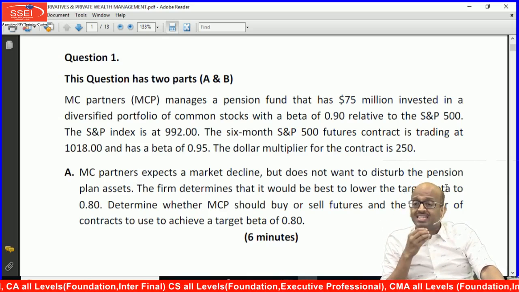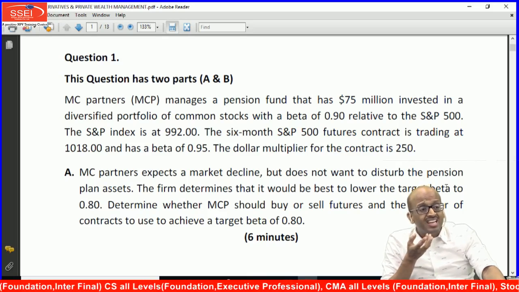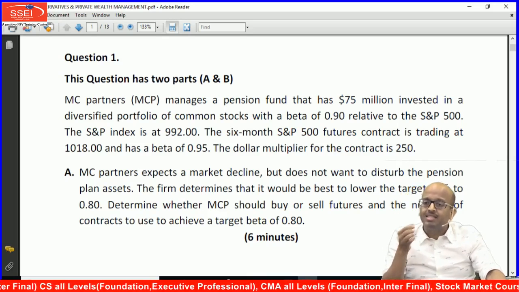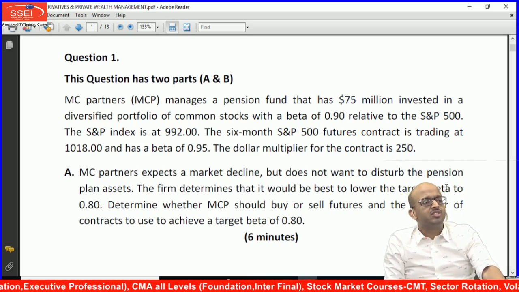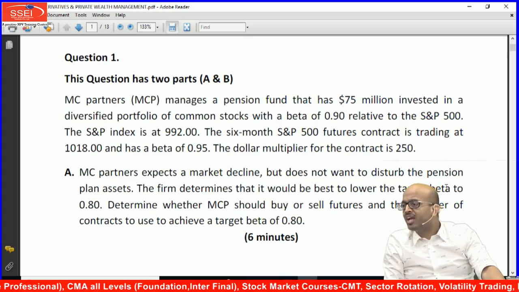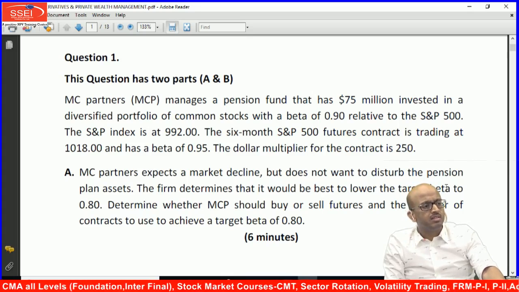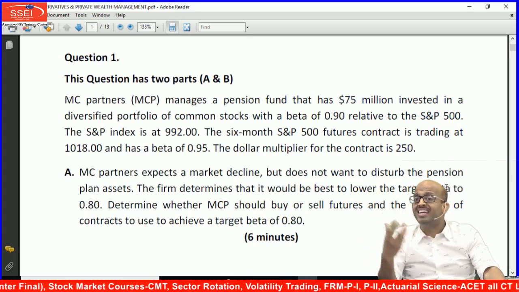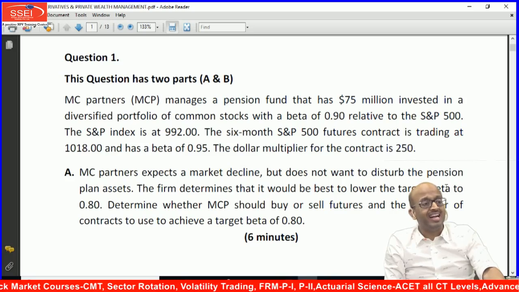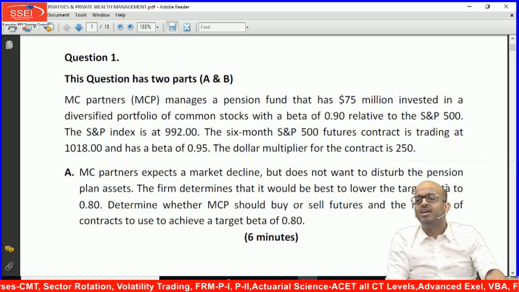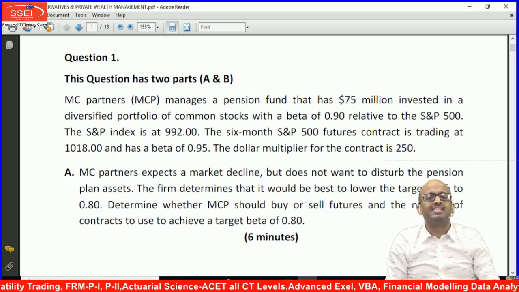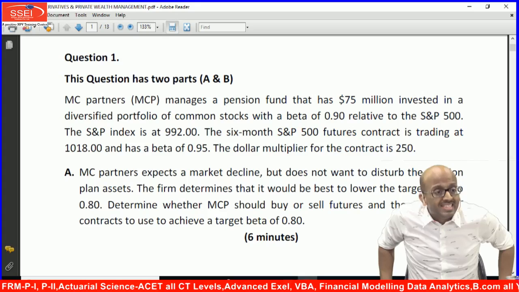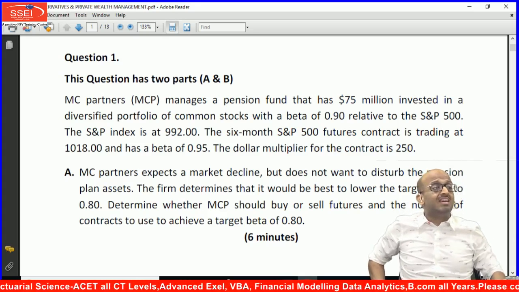Mr. B has a long position, having invested 67.5 million in the S&P 500 index. Both have the same market risk, the same systematic risk. So Mr. A's market exposure is 75 into 0.9, 67.5. Indirectly, Mr. A is long on the S&P index to the tune of 67.5 million.